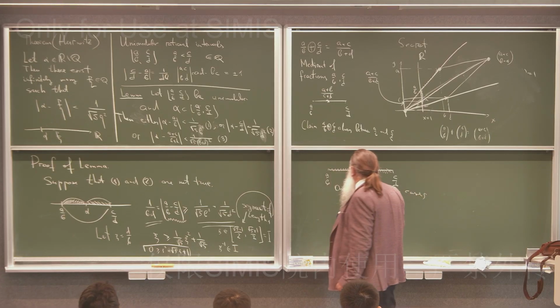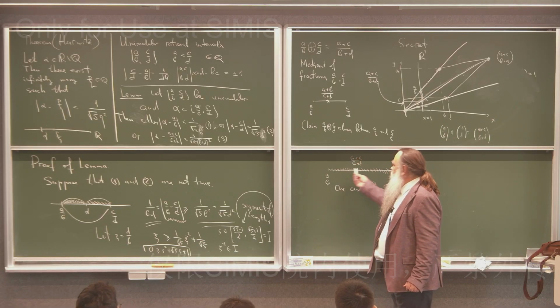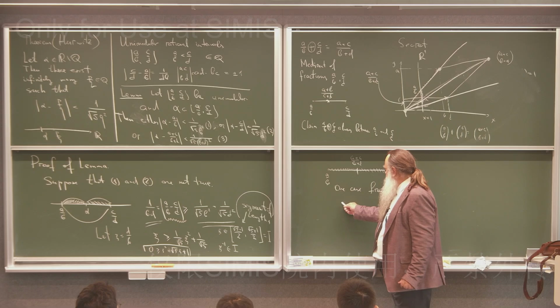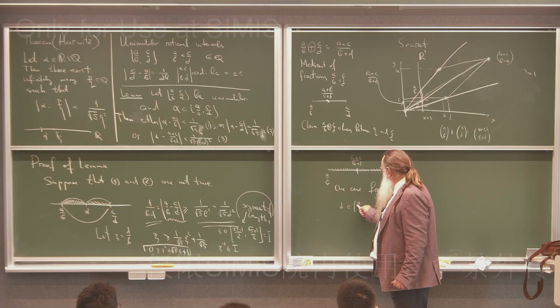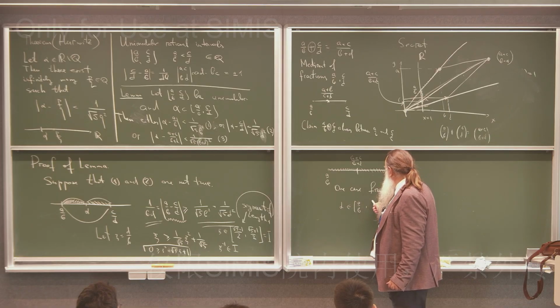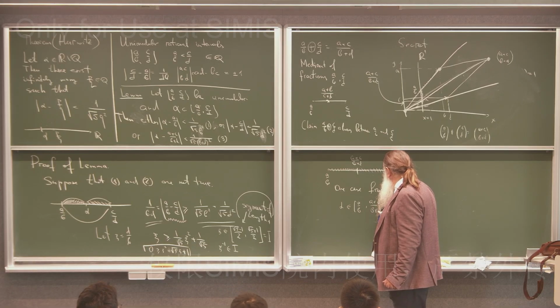What case do you prefer to consider? Alpha here or here? Probably here. So alpha belongs to AB, A plus C, B plus D.